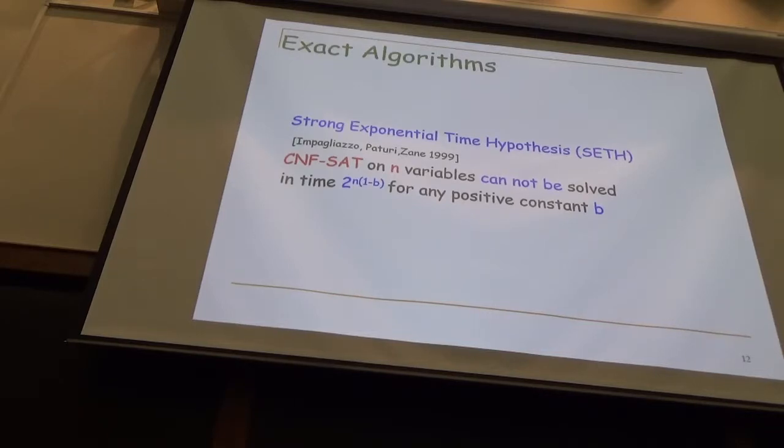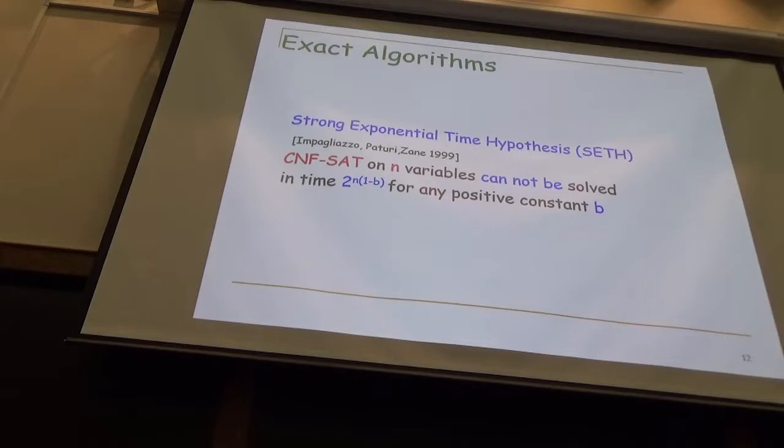How many people are familiar with the strong exponential time hypothesis? So I'll just remind you. It's a hypothesis which is stronger than the hypothesis that P is different than NP. It's a hardness hypothesis about satisfiability, namely CNF satisfiability on n variables with no bound on the clause size, such as arbitrary clauses.